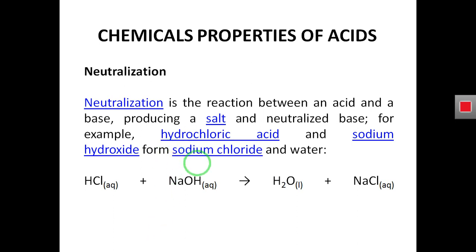Although acids have diverse chemical properties, I would discuss with you one of the most important properties of acid, and this is neutralization. What is neutralization? Neutralization is a reaction between an acid and a base producing a salt and a neutralized base.